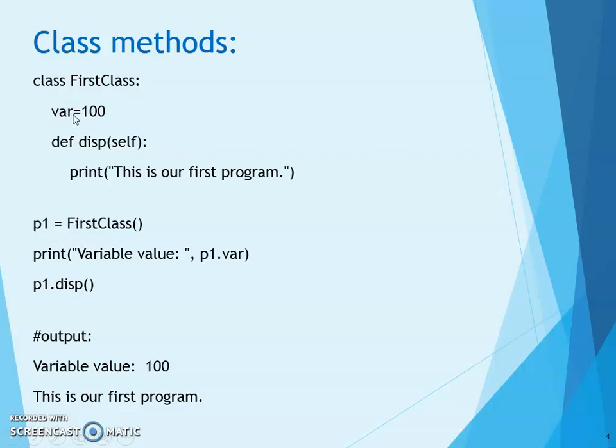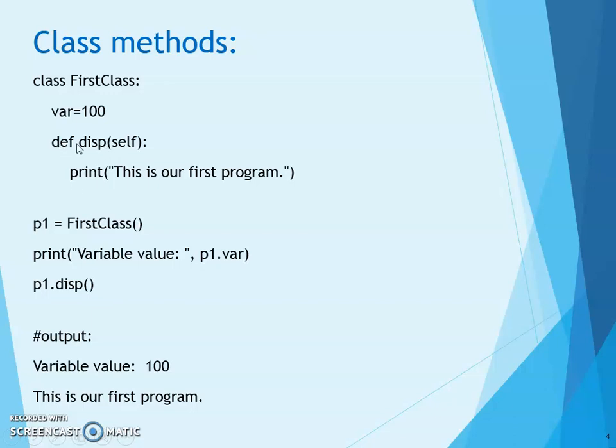We cannot access this VAR variable directly outside this class. If we want to access this variable, we have to use this object. So to display the value of VAR, we cannot only write VAR, we have to write the object name, that is P1, then the dot operator, and then VAR. In this way, we will be able to display the value stored inside the VAR variable.